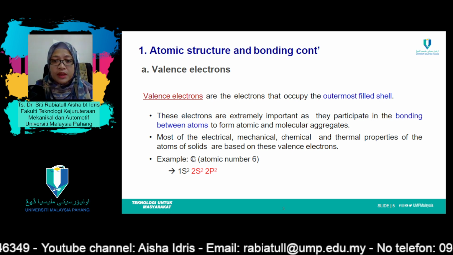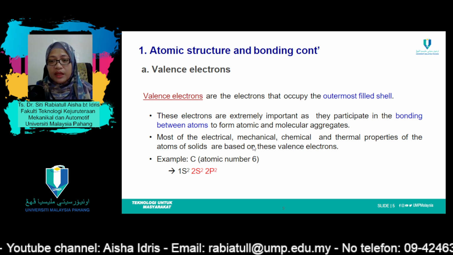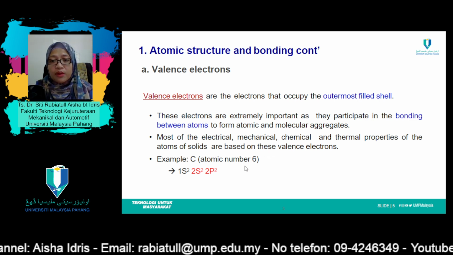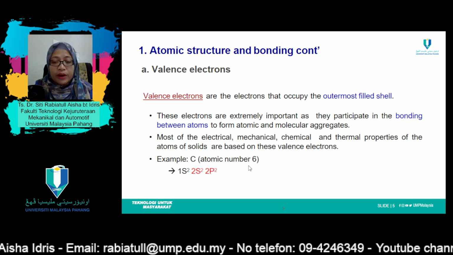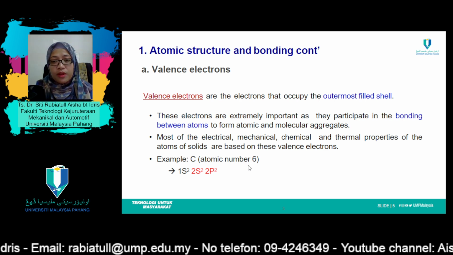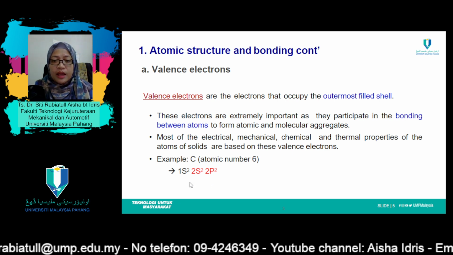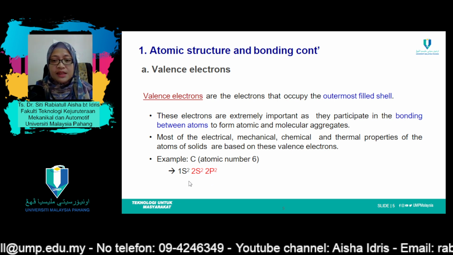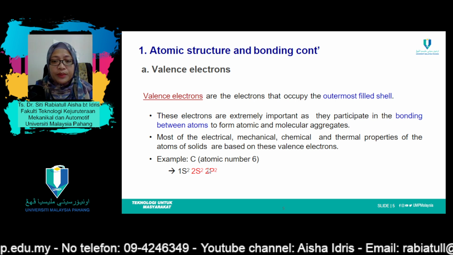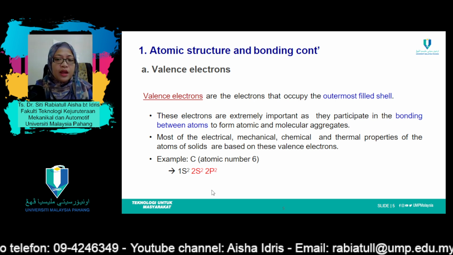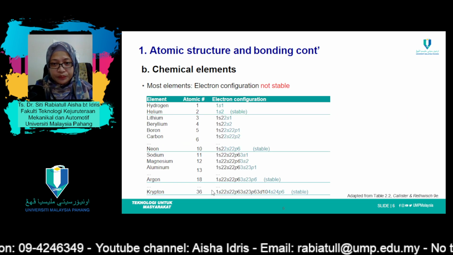Most of the electrical, mechanical, chemical, and thermal properties of solids are based on the valence electron. For example, carbon with the atomic number of 6 has 3 shells, and the valence electron, representing the outermost shell, has the value of 2.